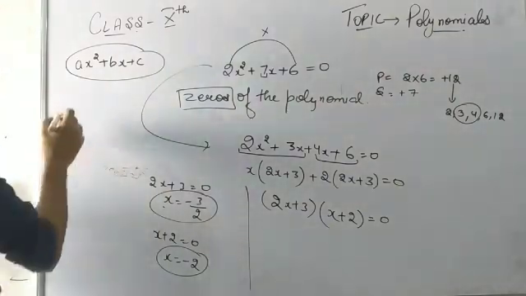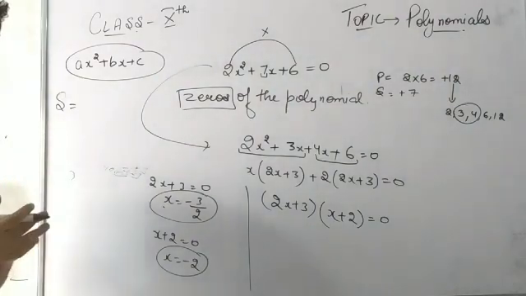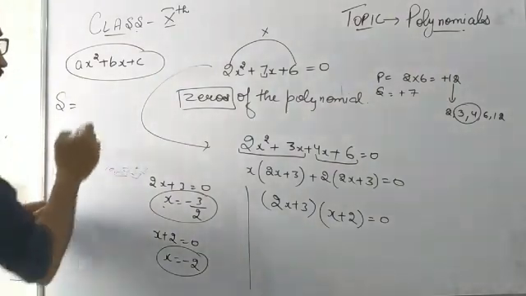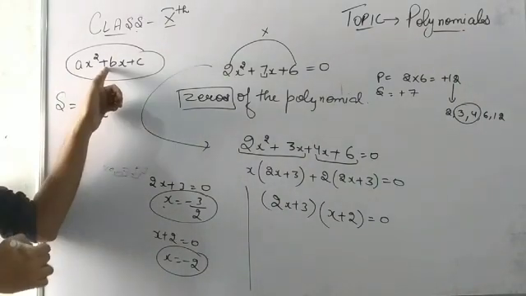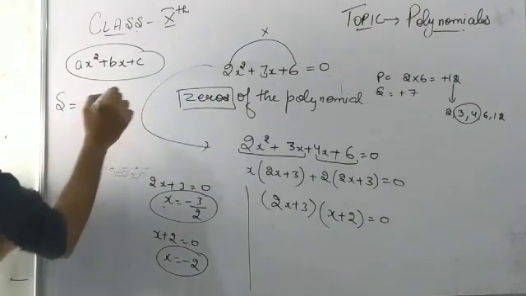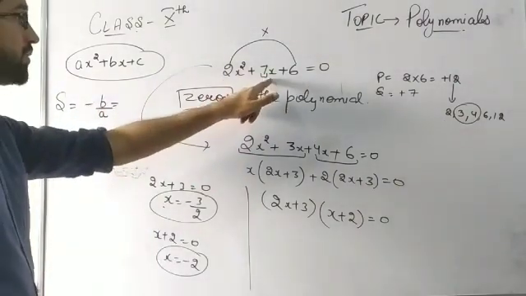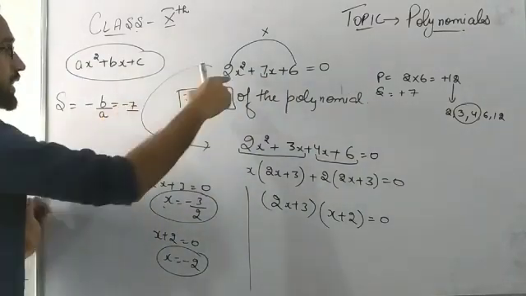If I want to find the sum of zeros of the polynomial, there is a shortcut that is equal to minus b by a. That means whatever the value of b is, whatever the value of a is, just fill it here. For example, here b will be 7. So it will be equal to minus 7 upon a, which is 2.